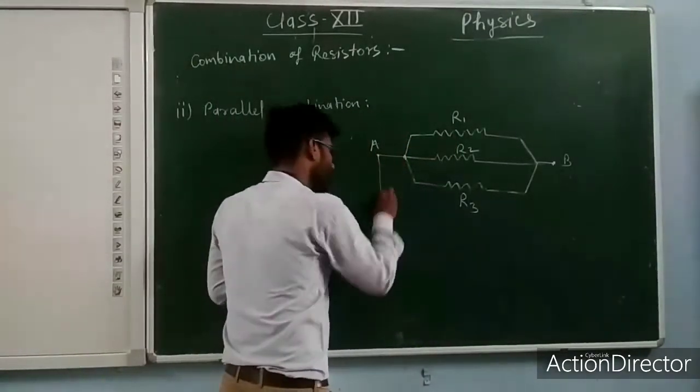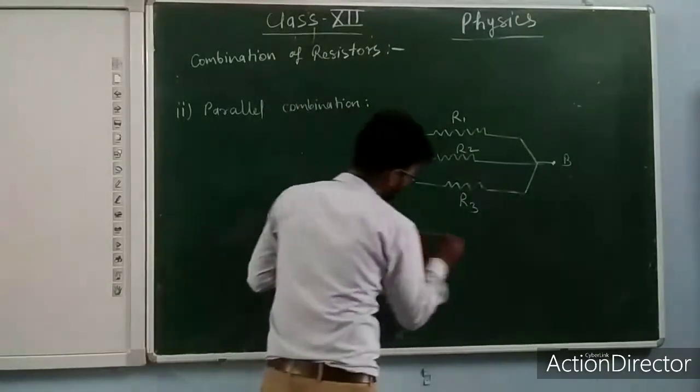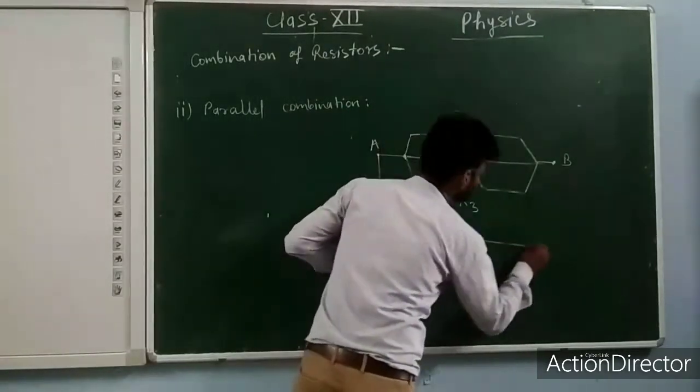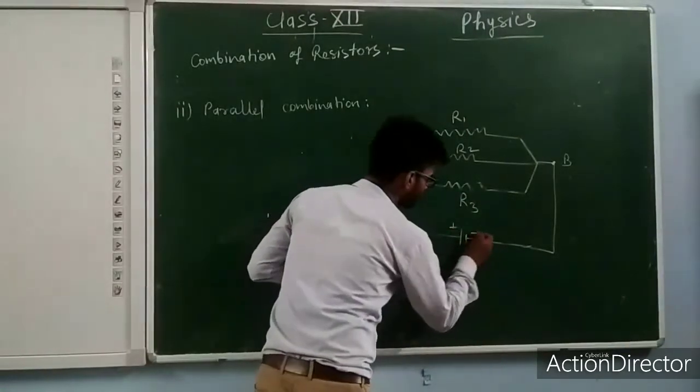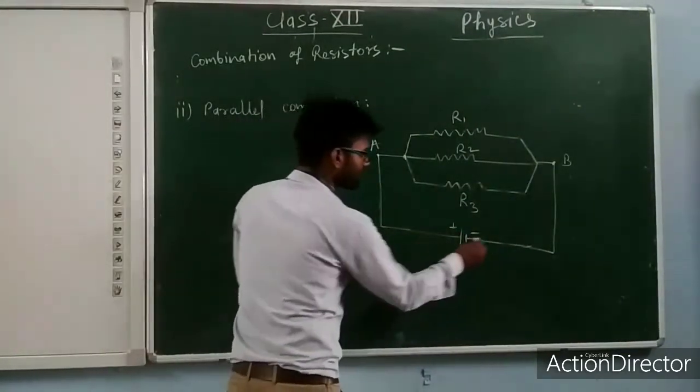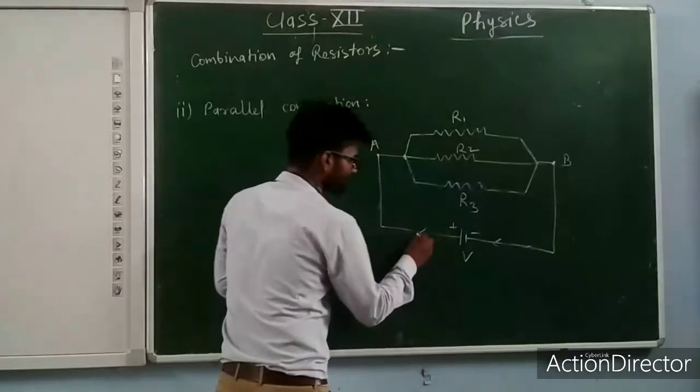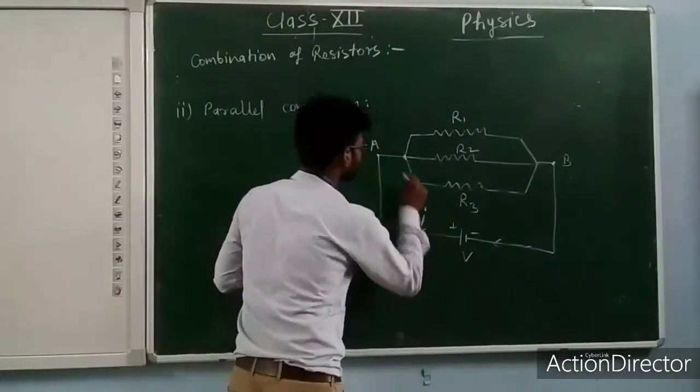So I am placing one battery like this having V volt, right? And let us consider the current drawn by this battery is I, right?